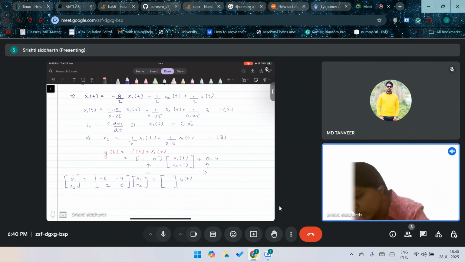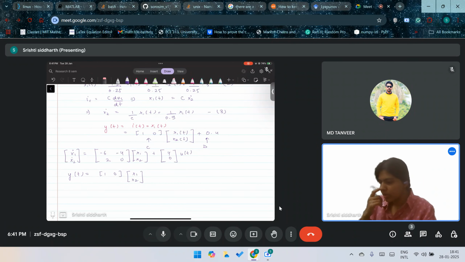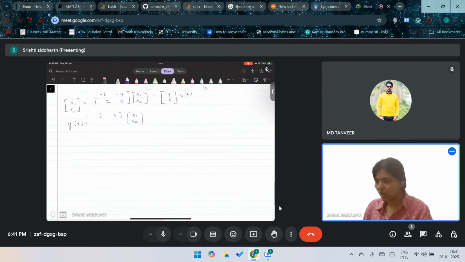This is 3 volts, and this is 4. Yes. And y is simply 1 0 times x1 x2. Okay. So we need to find the current or one of the states. So we need the solution of the system.